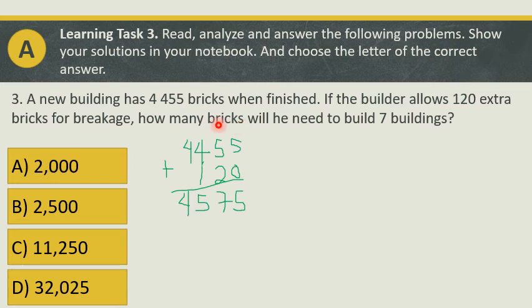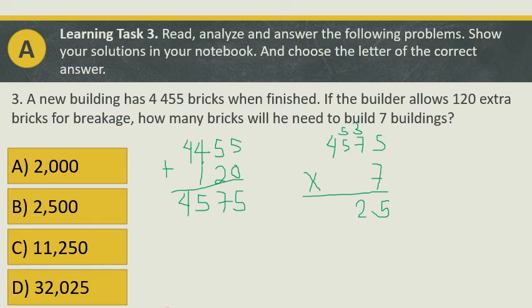So, ilan daw ang kailangang bricks kapag 7 building? So, 7 building. So, i-multiply lang natin yung nakuha natin kanina, yung 4,575 sa 7. Okay, so 5 times 7 is 35. So, carry 3. 7 times 7 is 49, plus 3 is 52.